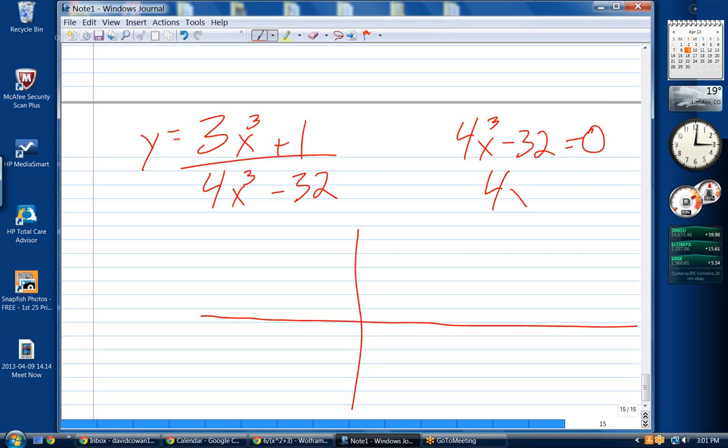Okay, so 4x cubed equals 32. So x cubed equals 8. So x equals what? The cube root of 8 is 2. So our vertical asymptote is at 2.